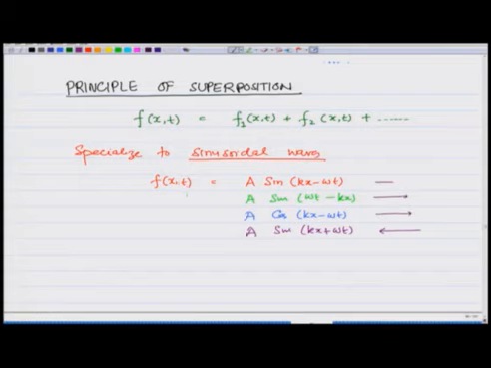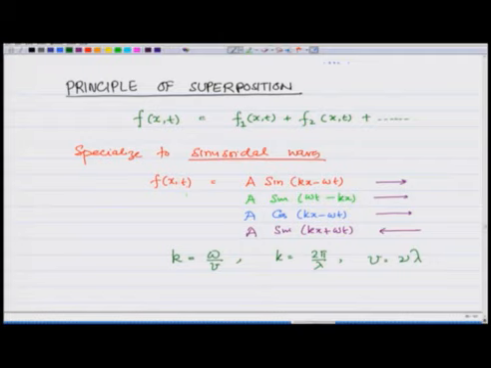So, let me indicate that by these arrows, and let me remind you that k is omega over v, k is also the same as 2 pi over lambda. The speed of waves is given by the frequency times lambda, and all these things we have done earlier.